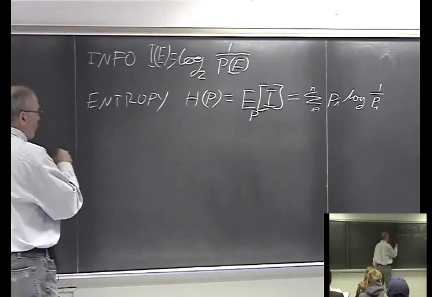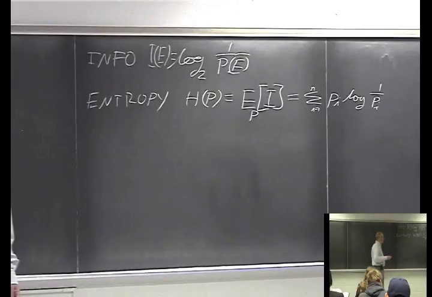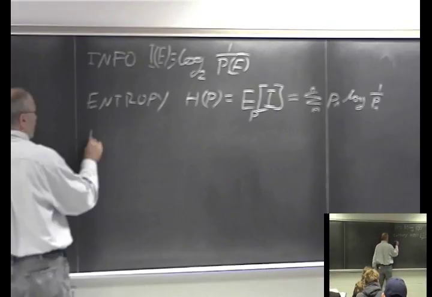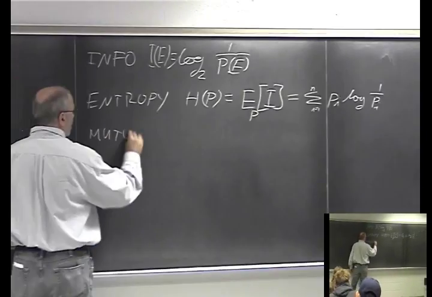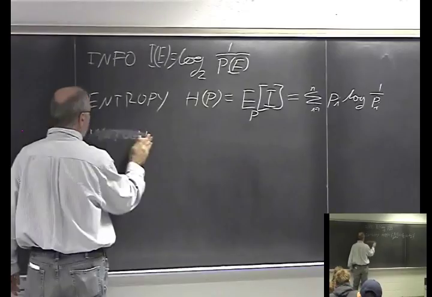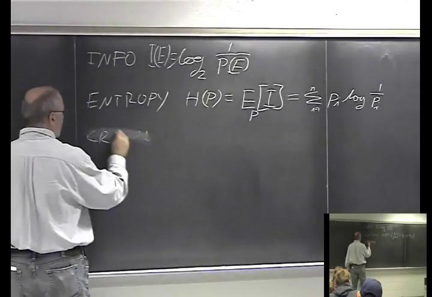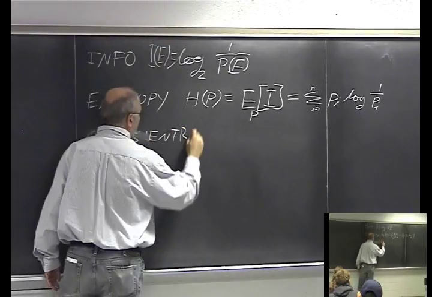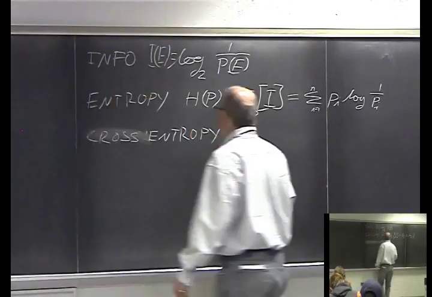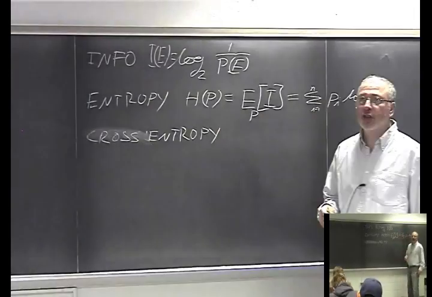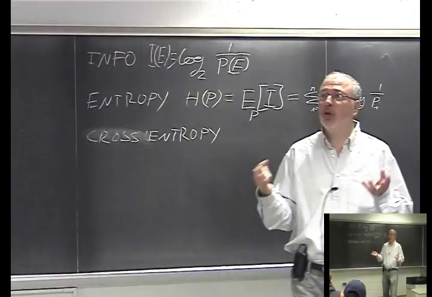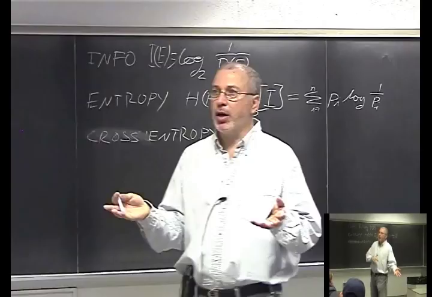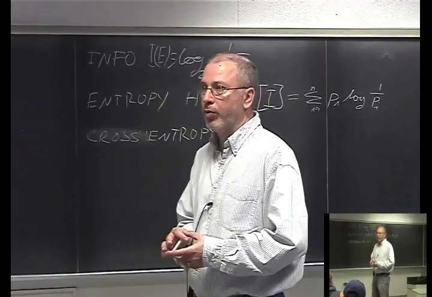I introduced to you mutual information, although I never defined it. I'm not sure I defined it officially, so let me define it now. I'm sorry, mutual information, of course I defined that. What I'm talking about is cross entropy. I introduced to you cross entropy. Cross entropy is a function of two distributions, the from distribution and the to distribution.